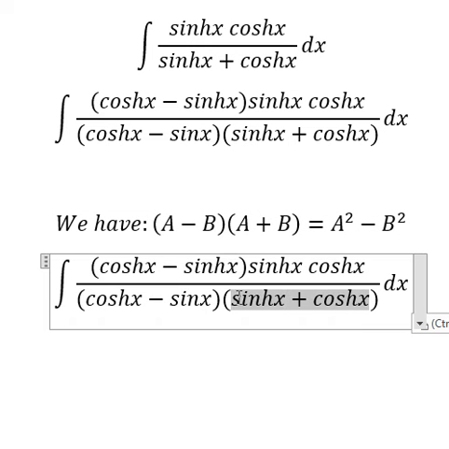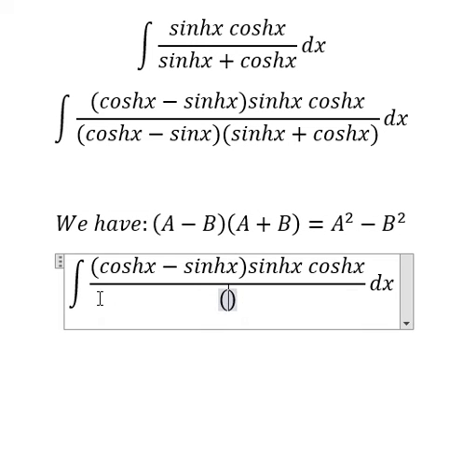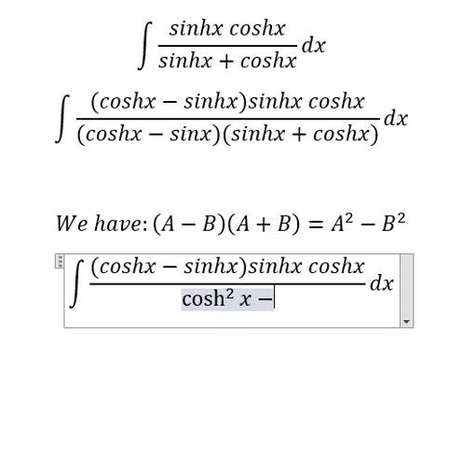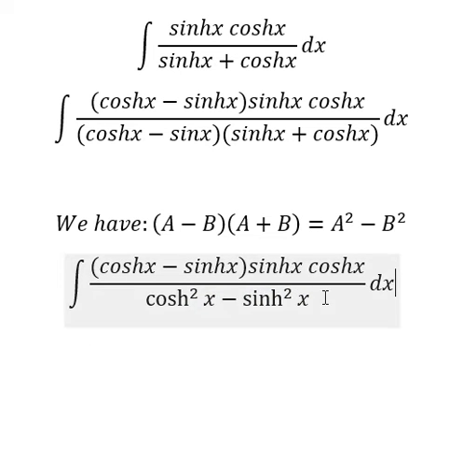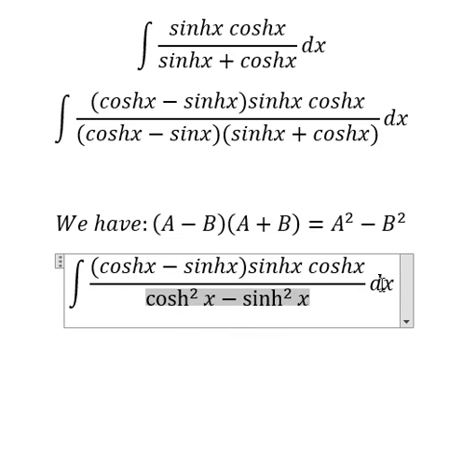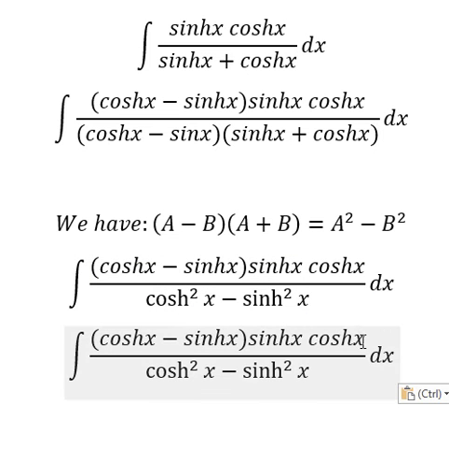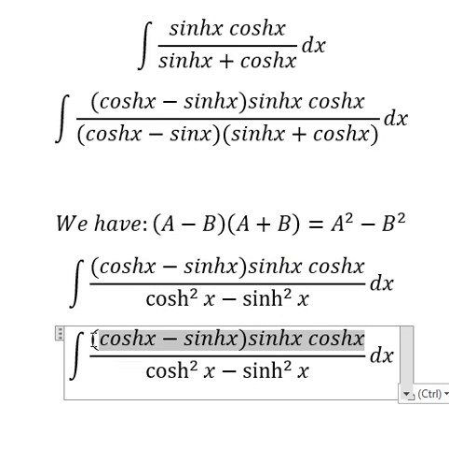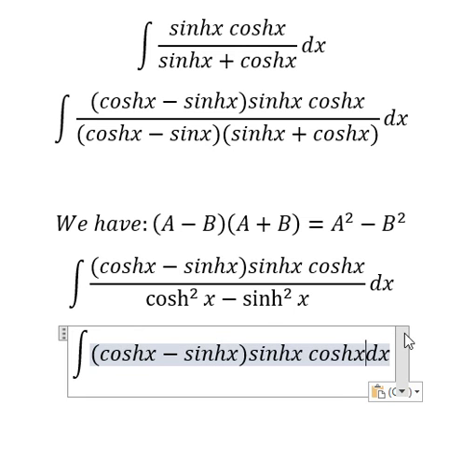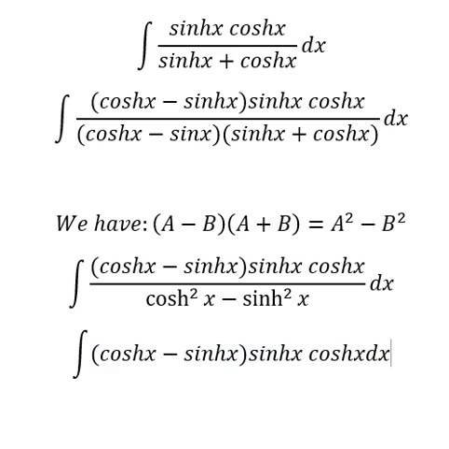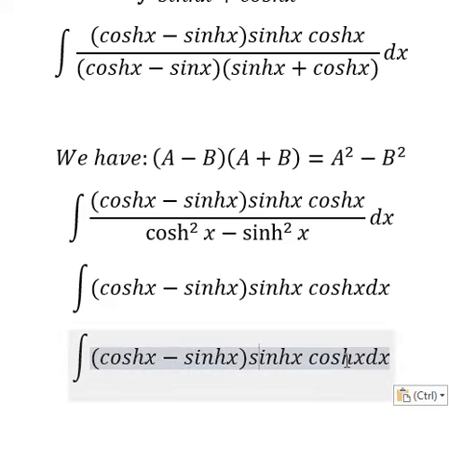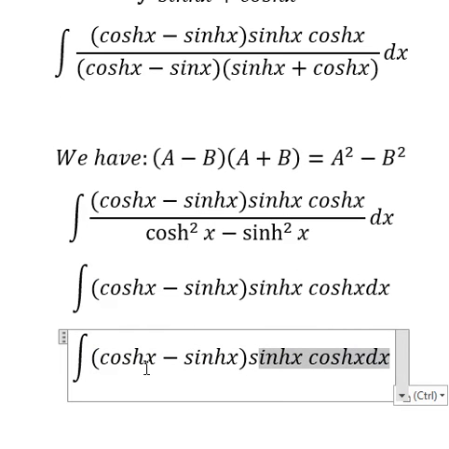So this one, we have cos x square minus sin x square. And we know that this one equals to number 1. So this one multiplied by cos x and sin x.